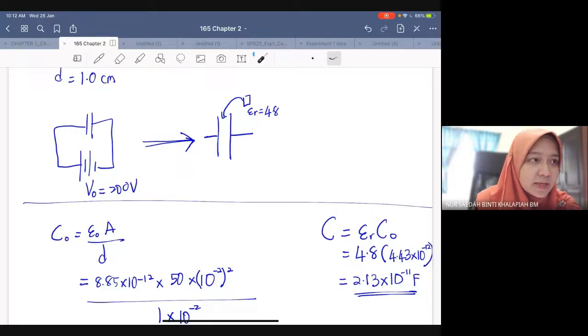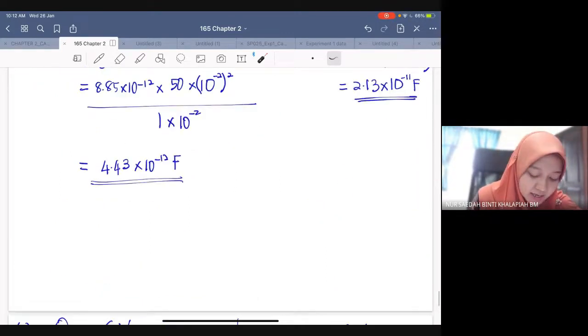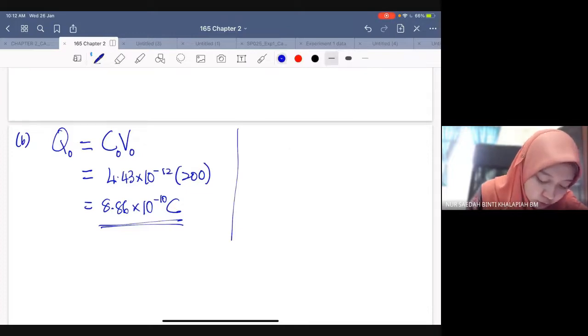Sebab tadi kita dah charge kita punya capacitor, lepas tu kita off, lepas tu kita masukkan dielectric tapi charge masih lagi ada dekat plate kita. So charge-nya adalah sama.